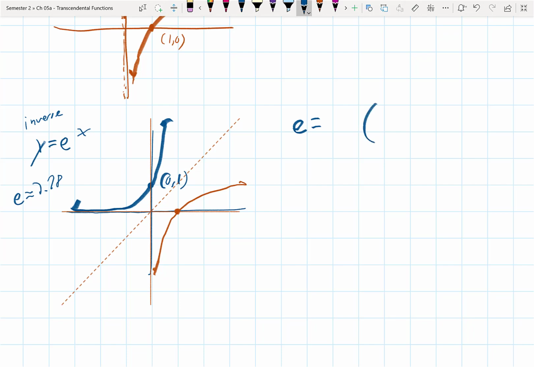If I do 1 and I add an infinitely small fraction in an infinitely large number of times, and I do the limit as n approaches infinity, so that means that infinitely small fraction is then raised to itself or multiplied by itself the same number of times, I get the number e. So this is a thing that appears in banking a lot, where you want to do interest related to how long you have left the money in the account.